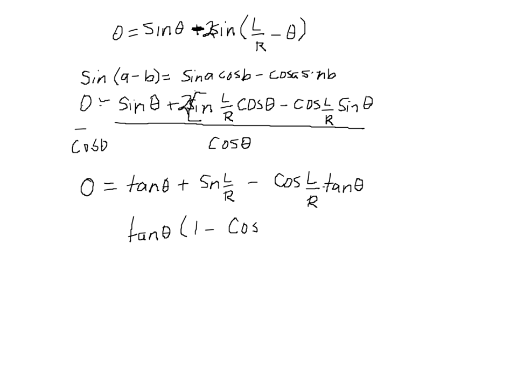This is a negative sign. So I'm going to carry the 2 out throughout when I divide by cosine. So I have a negative sign here. I have a 2. This becomes a positive, and I have a 2.